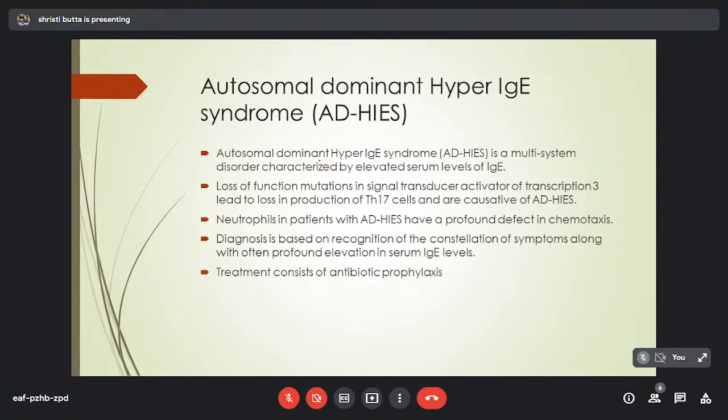So if there is a defect in T helper 17, the recruitment of neutrophils cannot happen, and there's a profound defect in chemotaxis. A defect in the chemotaxis results in neutrophilia.